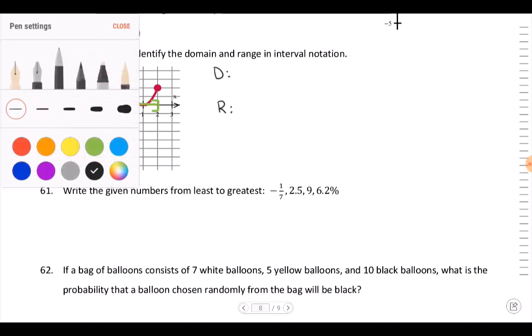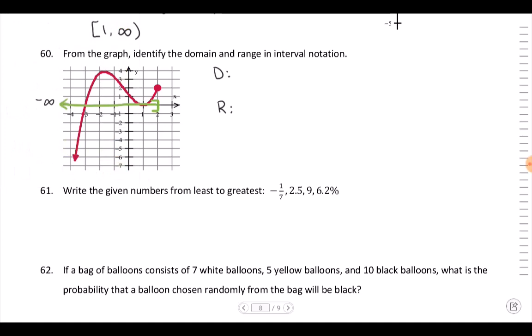So for this one, the domain is going out to -infinity. So start with -infinity up to +2 with a bracket, because there's a solid point there. And then for your range, this is pointing down, meaning it goes on forever this way. And the highest point is not that solid point right there, but it goes all the way up here to where 4 is, right? And there's a bracket there. So the smallest output is -infinity, and it goes up to +4 with a bracket on it.